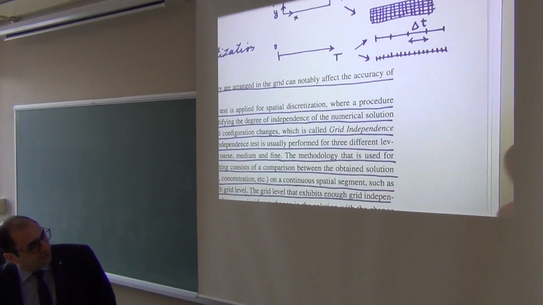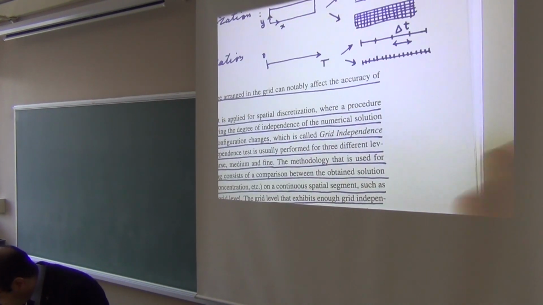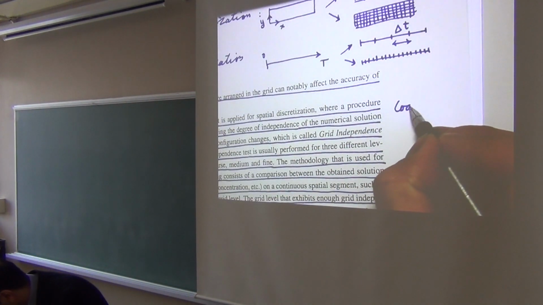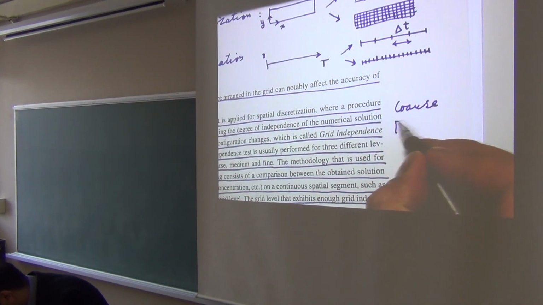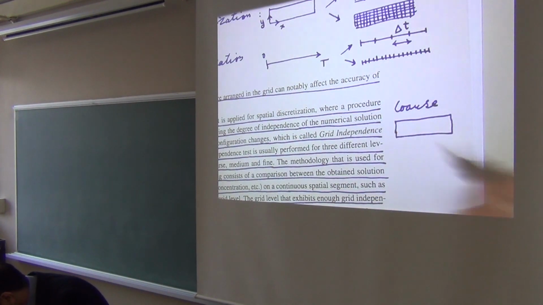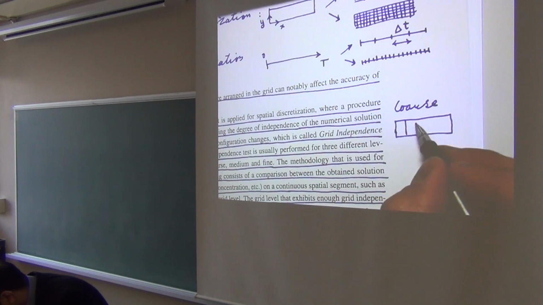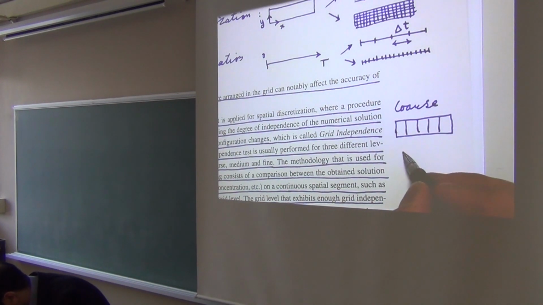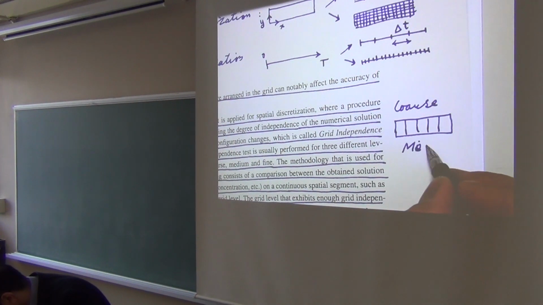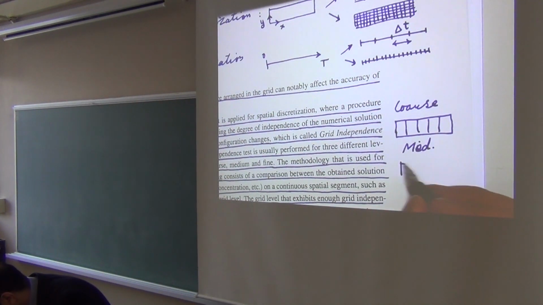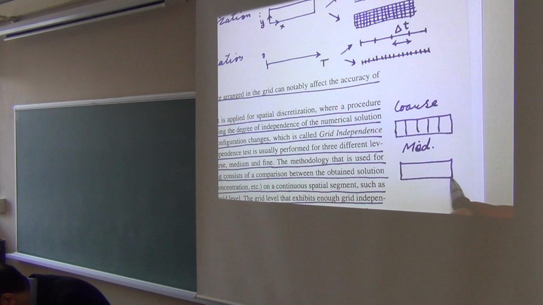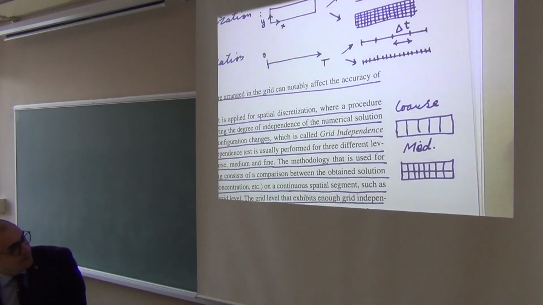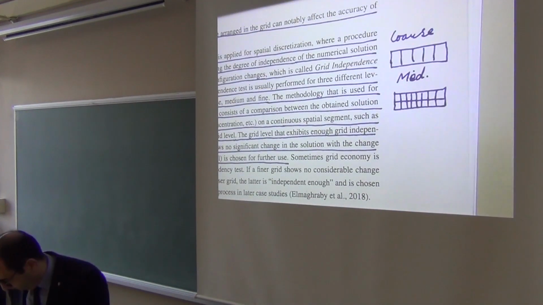I'll give you an example here on the side. Let's say I have a coarse grid, in which the mesh is very coarse. I have a medium grid. I refine this a little bit. And then I have a fine grid.